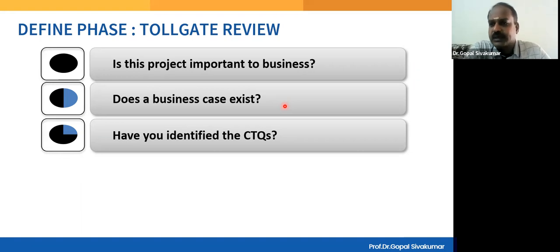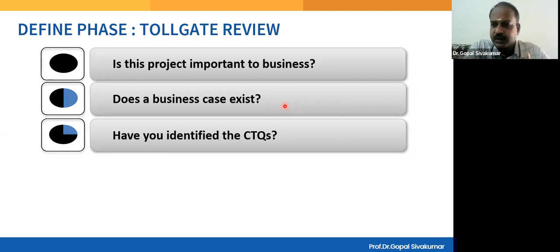CTQ is a measurable metric, right? So if the measurable metrics about the problems are not identified, it simply means the problem is not understood correctly, right? So if you say you have defined the problem, it simply means you are able to express the problem in the form of certain KPIs. I mean certain metrics, and such metrics are called critical to quality characteristics.